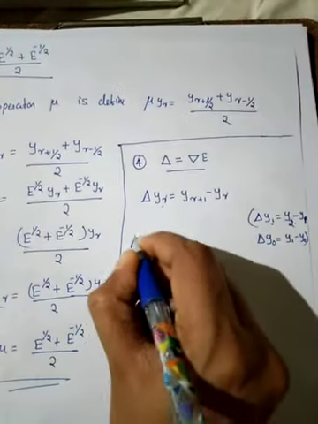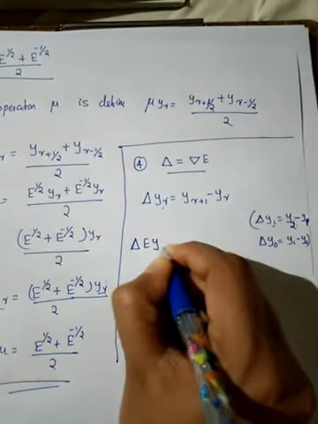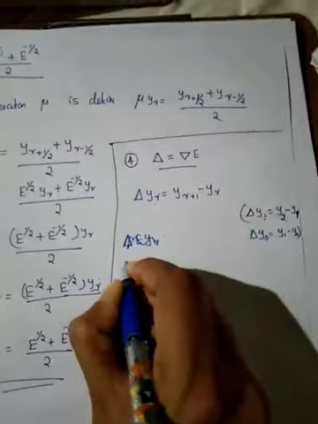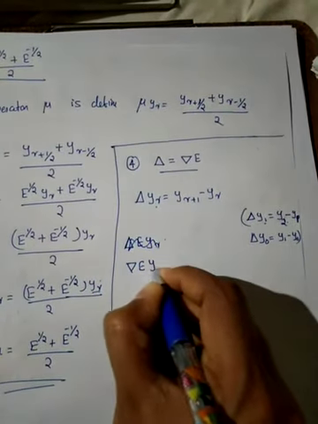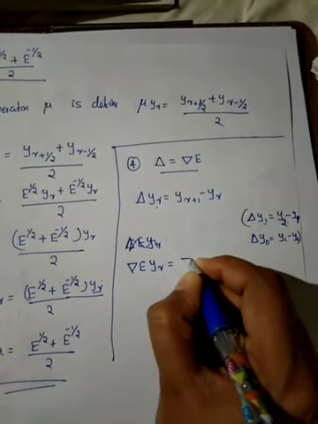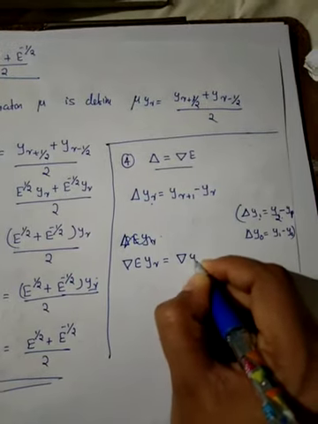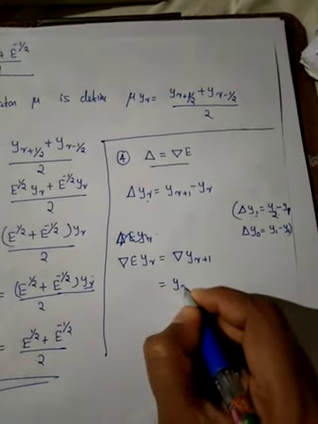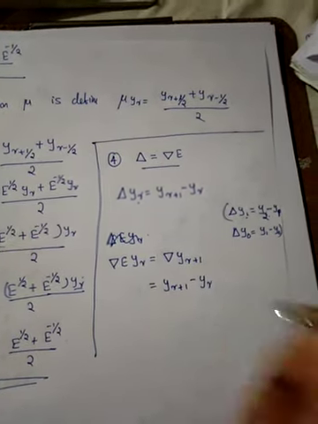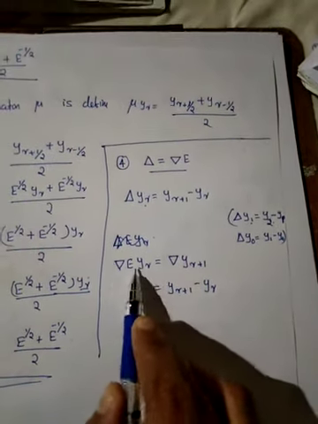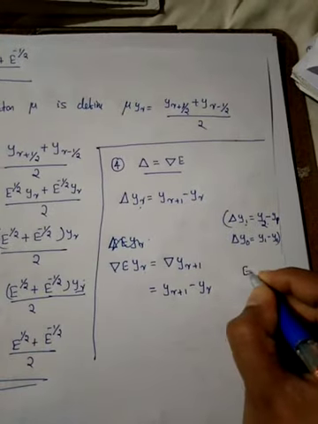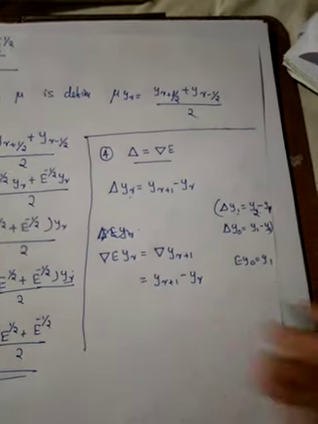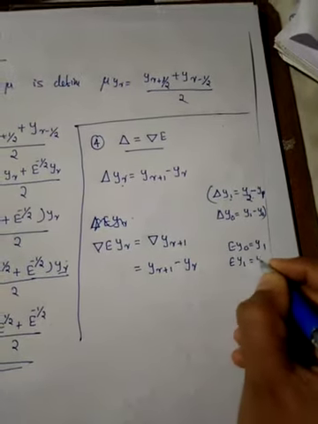Then we can write ∇Eyr equal to ∇yr+1, that is equal to yr+1 minus yr. We have Ey0 equal to y1 and Ey1 equal to y2.